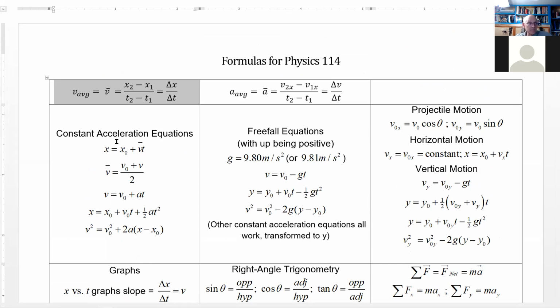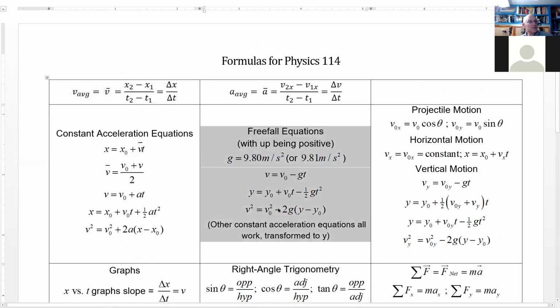And oh, I've got the acceleration due to gravity on this anyway. It's in this box right here, so you don't have to know that number either. I think your book tends to use 9.80 meters per second squared for the acceleration due to gravity. It turns out in Moses Lake, it's closer to 9.81 meters per second squared.